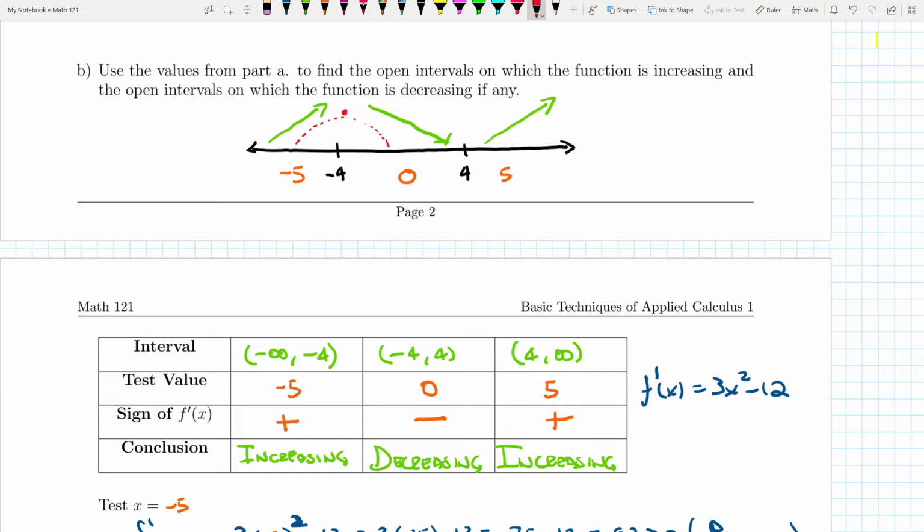Over here, that happened around -4. However, around 4, we're going to have the opposite behavior. We're going from decreasing to increasing. So this point right here will be a relative minimum.